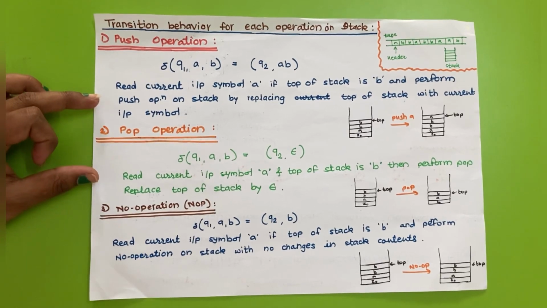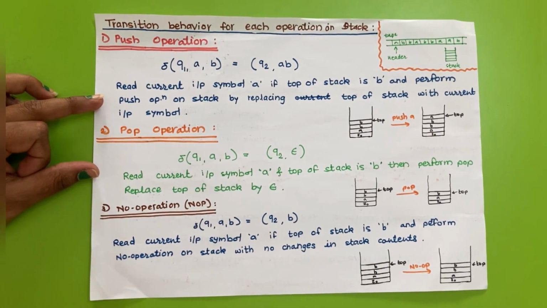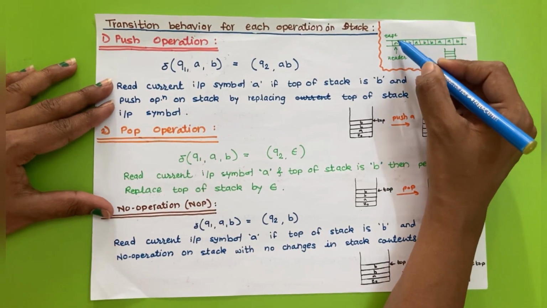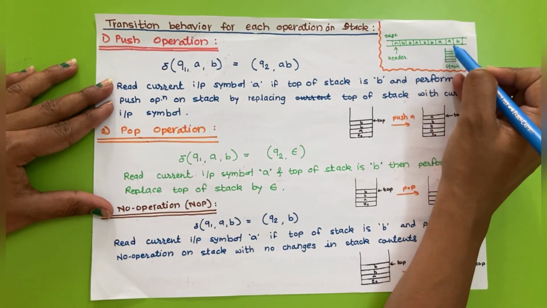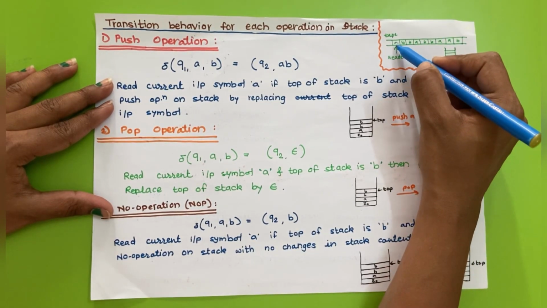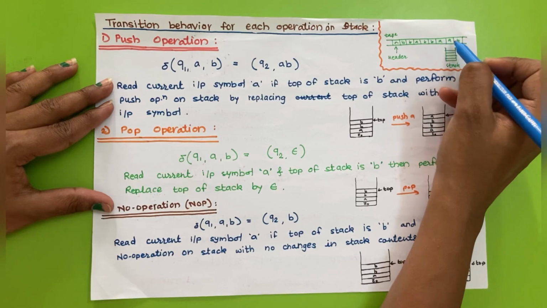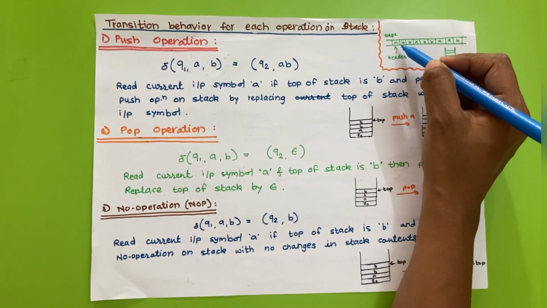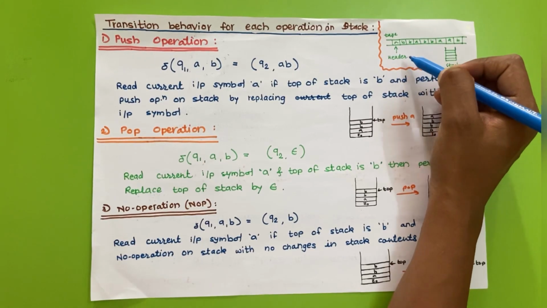Now the next topic to be discussed is the transition behavior for each operation on stack. As we have already seen, we have one input tape, and on that input tape the input string is written. For reading every symbol on the input tape we have a header.